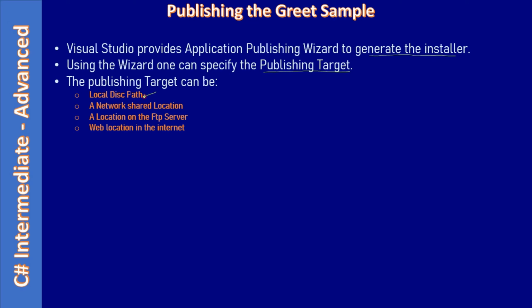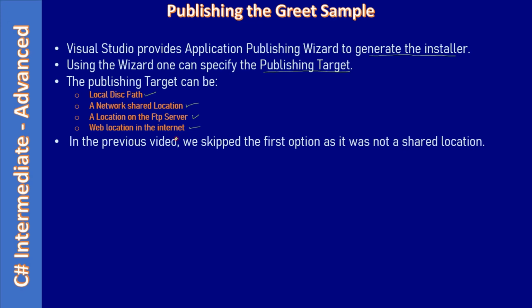When you choose the publishing target as a local disk path, this is not a common location and it will be the path local to the present system. When you choose the publishing target as a network share location, it will be commonly accessible by many workstations. The same goes for FTP server and web location. This is even more powerful.